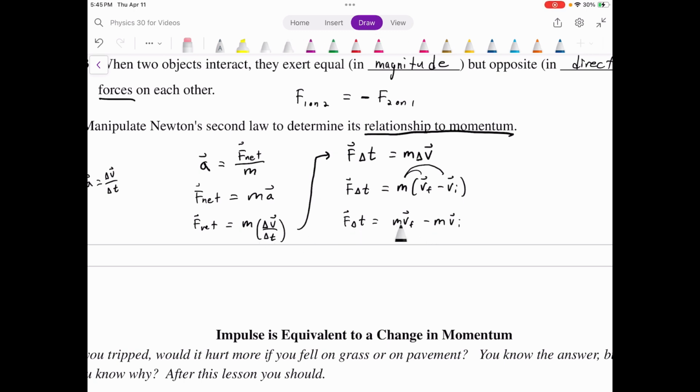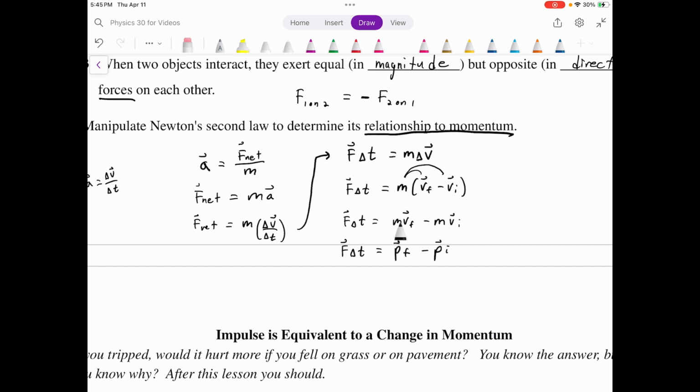Now, what is mass times final velocity? Well, mass times velocity is just the momentum, right? So mass times final velocity is just the object's final momentum, the momentum that it ended up with. And similarly, mass times initial velocity is just its initial momentum, right?